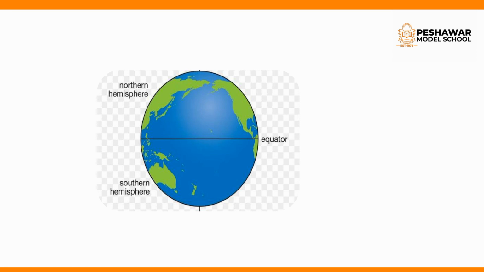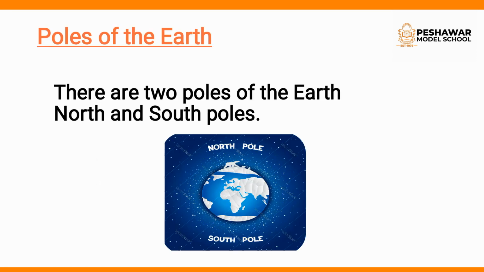Equator is the line that divides it into two equal parts. We also have two poles of the earth, the north pole and the south pole. At the north position there is the north pole, and at the south position there is the south pole. These are known as the poles of the earth.